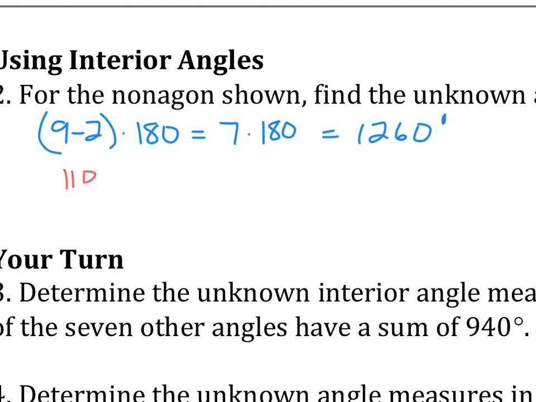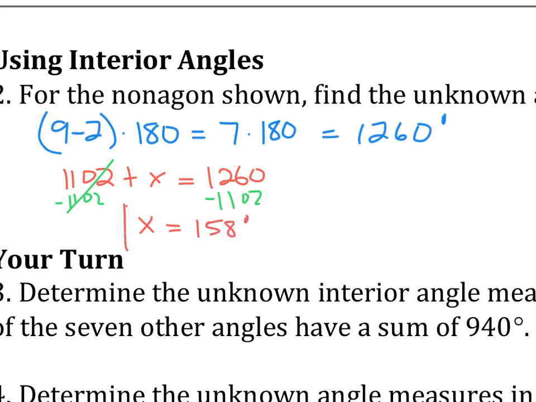So 1,102 plus that last angle x has to equal that total of 1,260. So if we take our 1,260 and subtract 1,102 from both sides, x is going to equal 158 degrees.